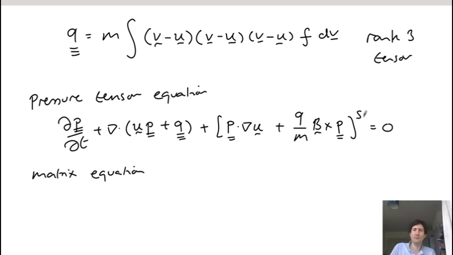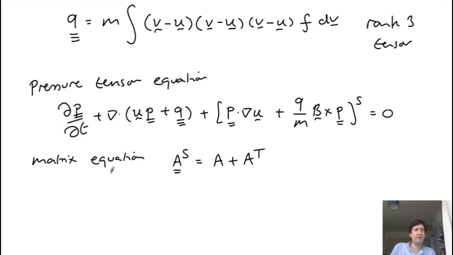And the notation here is that some quantity A, which is a rank 2 tensor, so a matrix, to the S is just A plus A transpose. So you can basically take this equation and add another 2 terms here with the transpose. It's the same as this. That's what this S means, just to save space.